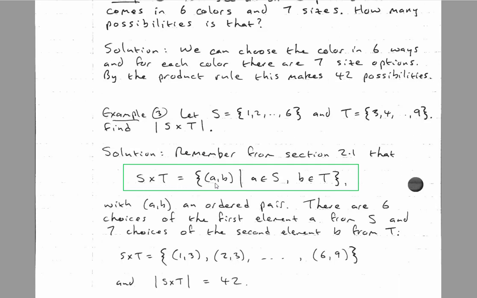The Cartesian product is a new set of ordered pairs, A comma B, such that A comes from the first set and B comes from the second set. And cardinality just means how many elements are in this new set.